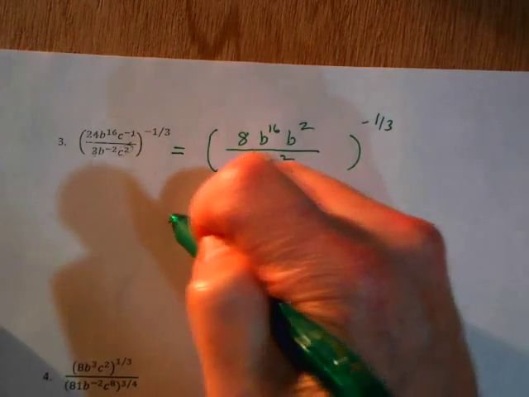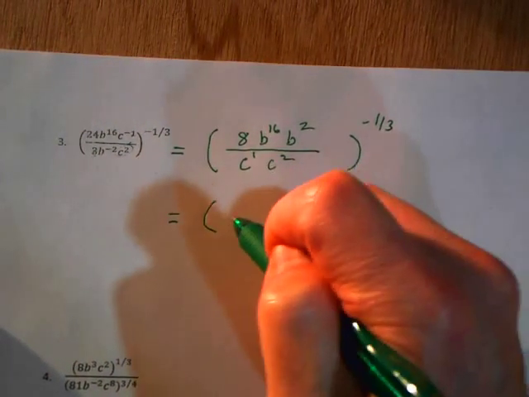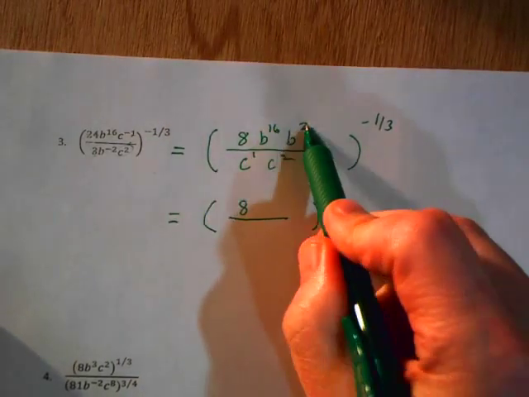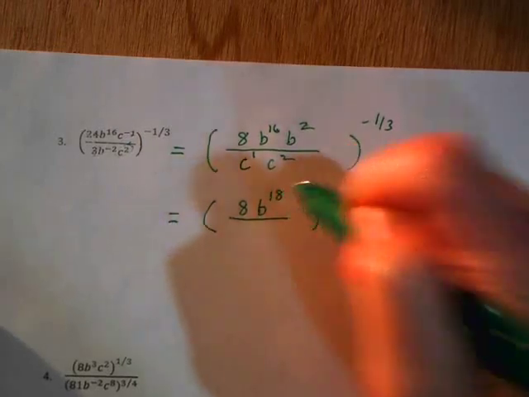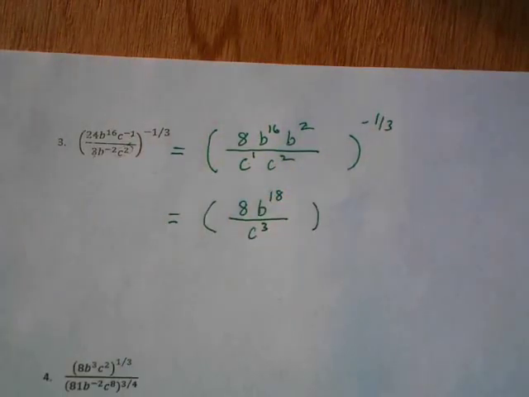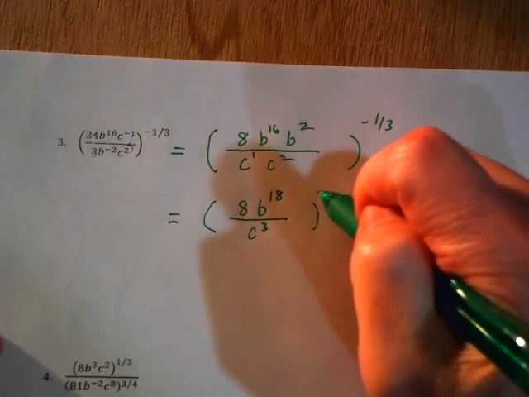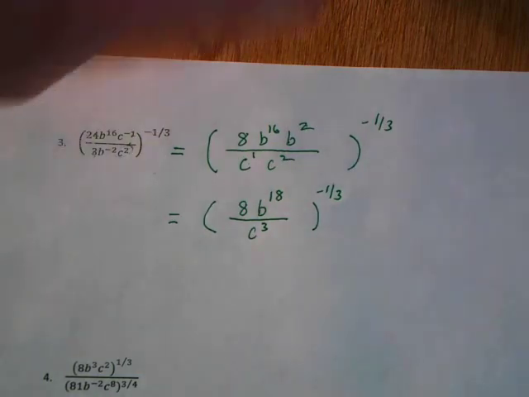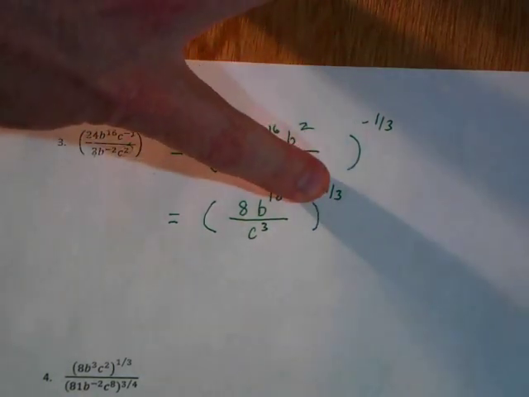Okay. Continue to work inside my brackets. 8. 16 plus 2 is 18. And c to the 3. And then I have this negative 1/3 power. All right, without the negative here, I would know what to do.